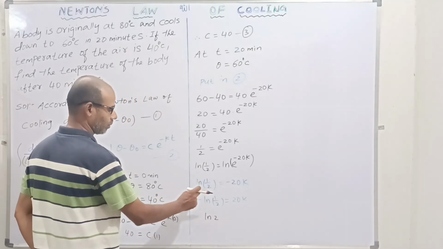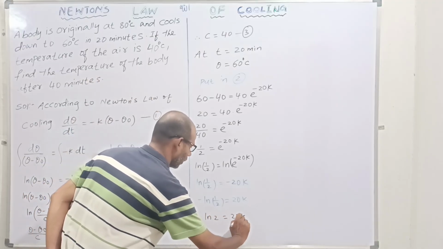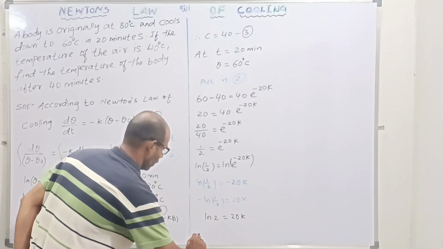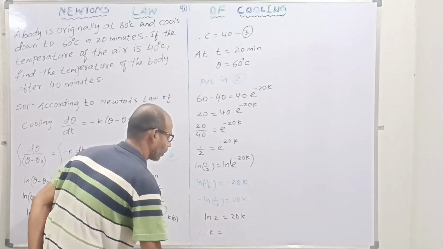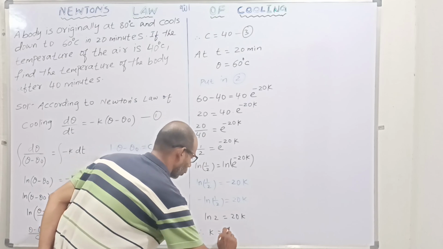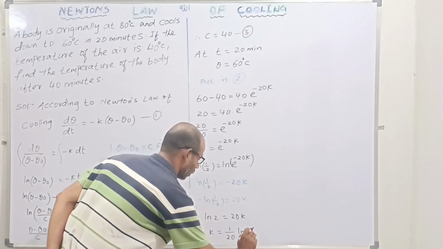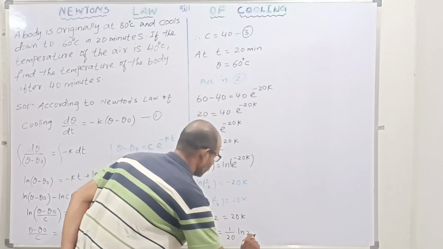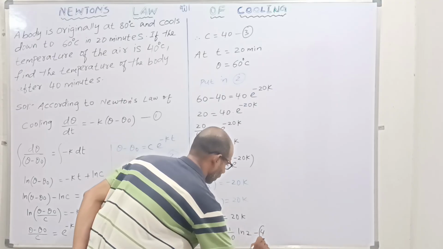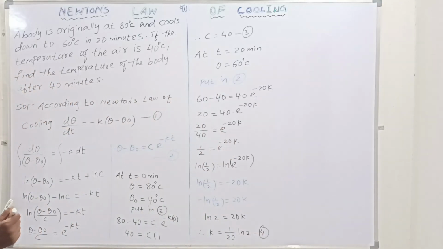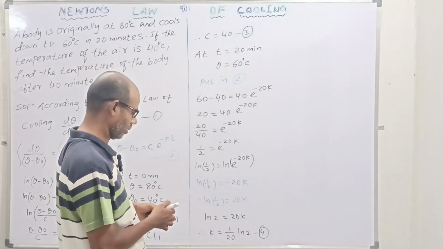So ln 2 is equal to 20k. Therefore, we have k is equal to 1 by 20 ln 2. So this is number 4. Now we got the values of C and k.